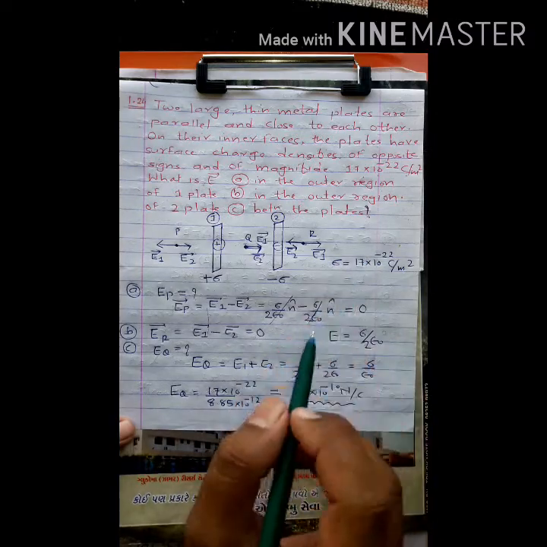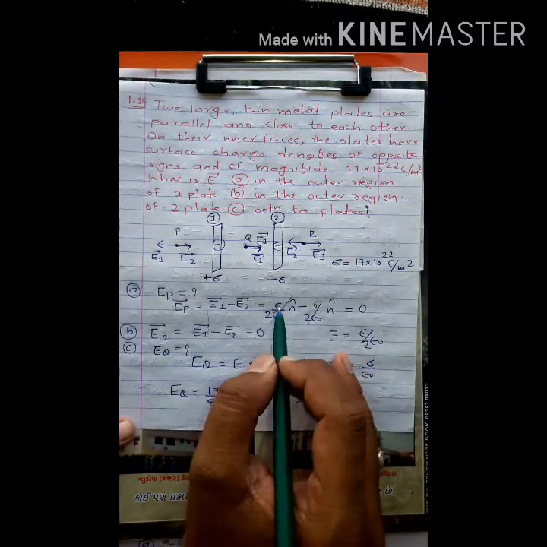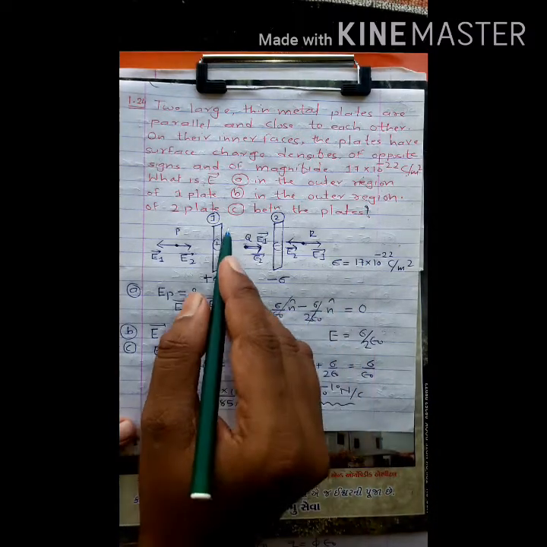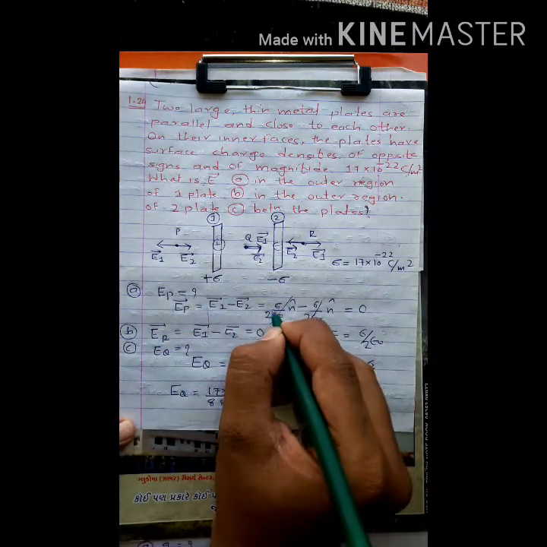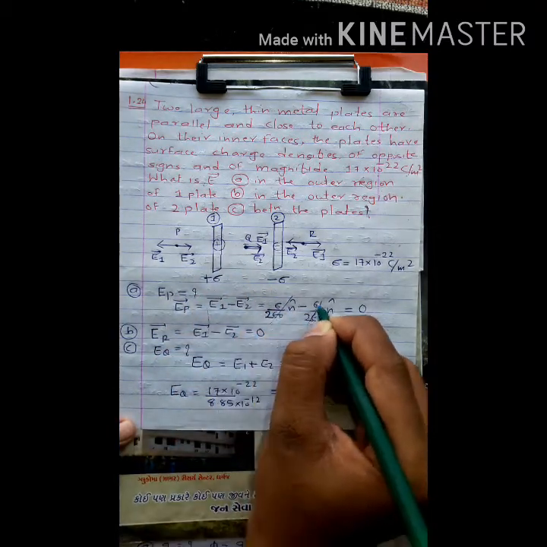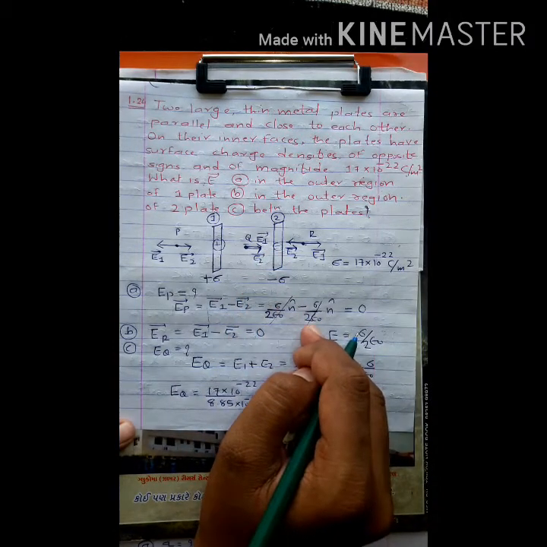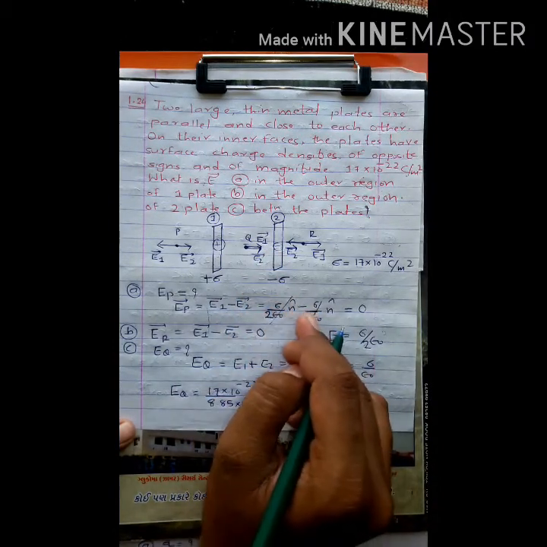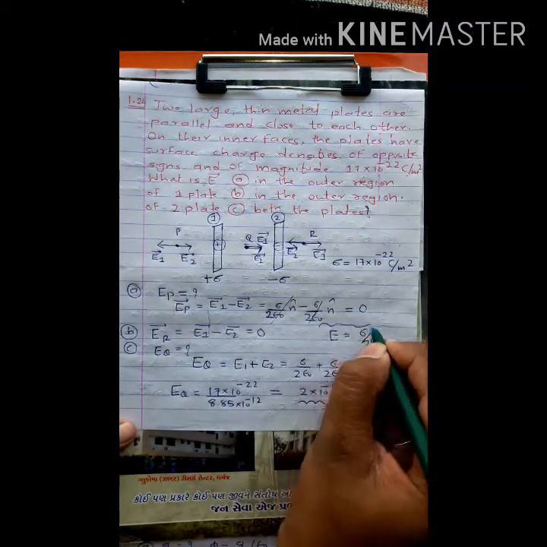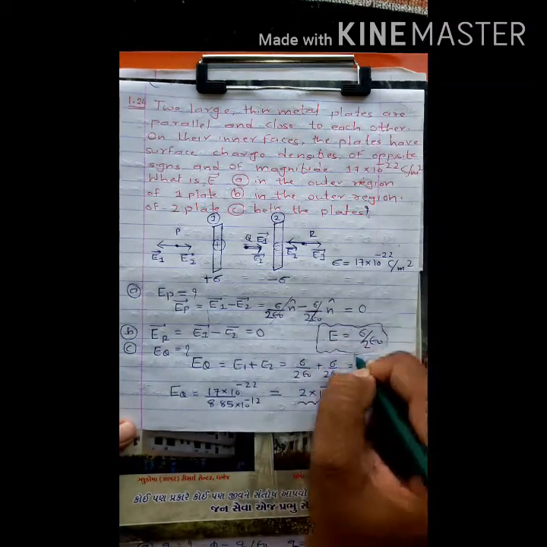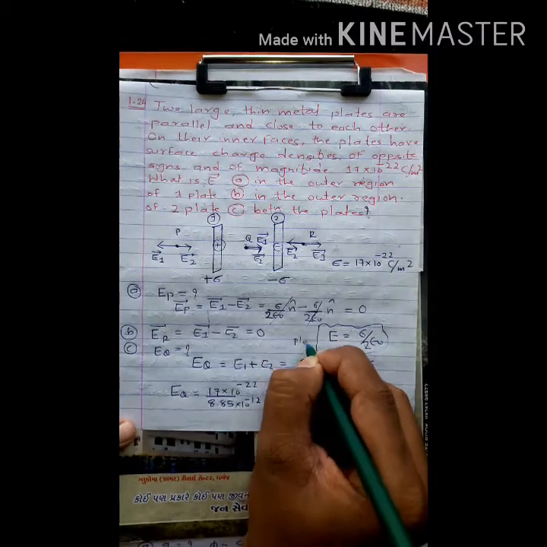Remember this point. Here by mistake I used sigma upon epsilon 0, but electric field produced by any single plate is given by sigma upon 2 epsilon 0, and for second plate it is sigma upon 2 epsilon 0. But here they will cancel out.